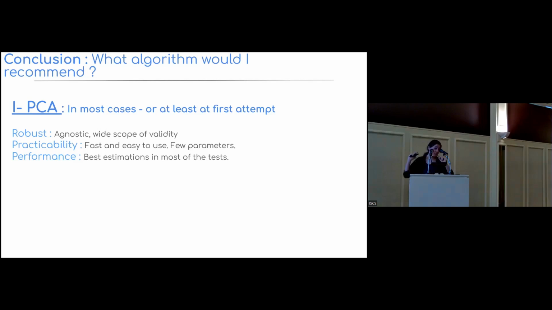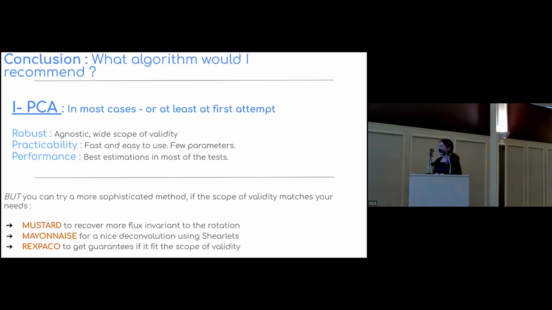But it's not the best all the time, and there can be deformation. If you have one data set that you really want to analyze and you know it matches the scope of validity of the algorithms, you can try more sophisticated methods to better interpret what the flux invariant rotation can be.